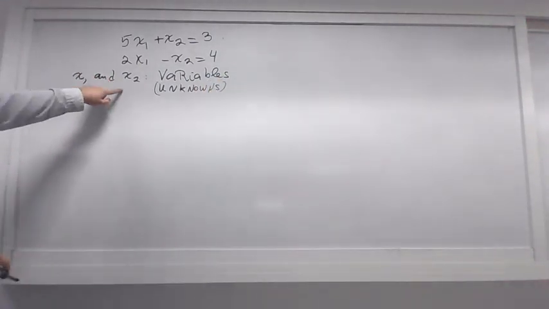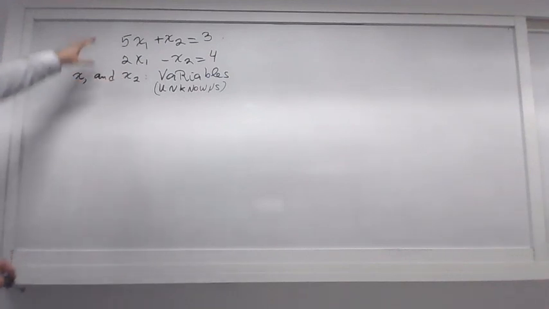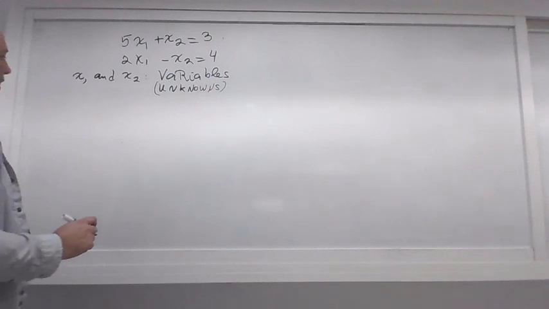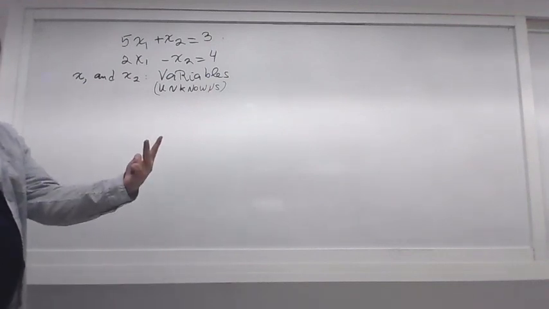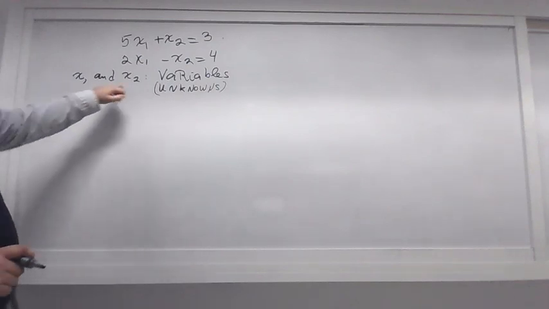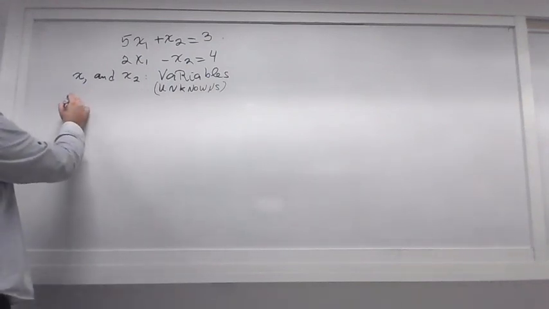And we are looking for these guys. That's what we are doing. We are looking for x1 and x2 that will satisfy these equations. Okay? So the solution will be not one number, but two numbers, ordered numbers, values for x1 and x2.